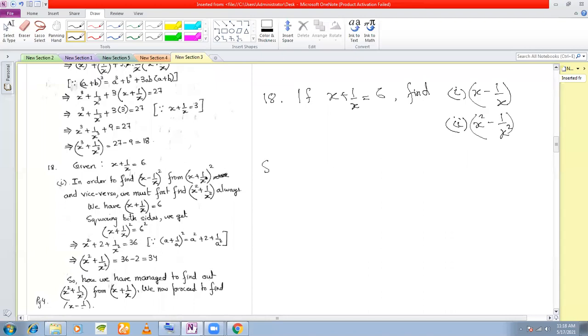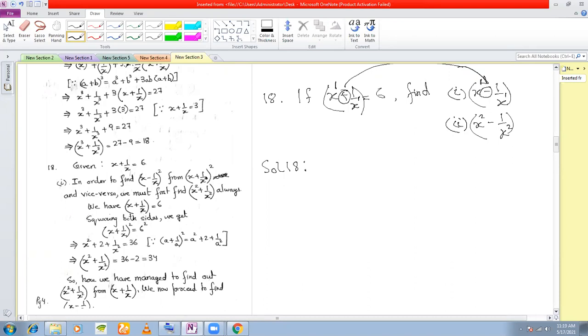Okay. So now what do you see? You see that you have x plus 1 by x given, and you need to find out x minus 1 by x. As I told you, whenever x plus 1 by x is given and you're moving from plus to a minus, you first find out x square plus 1 by x square, because the powers you're not changing. Power of x is 1 here and the power of x is 1 here also.